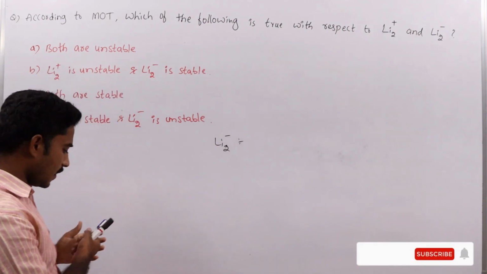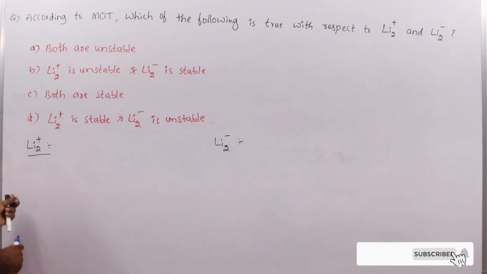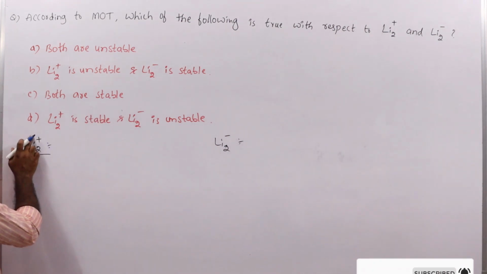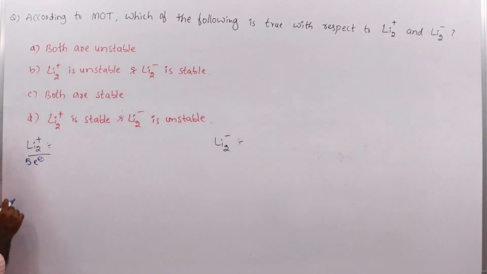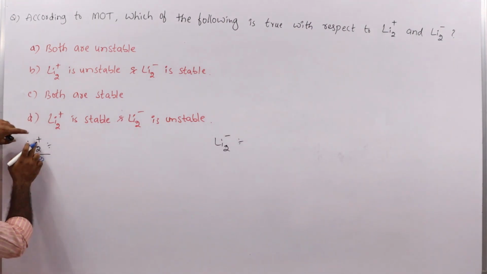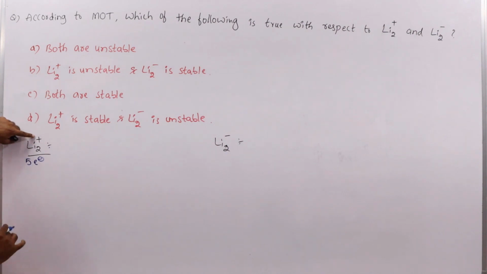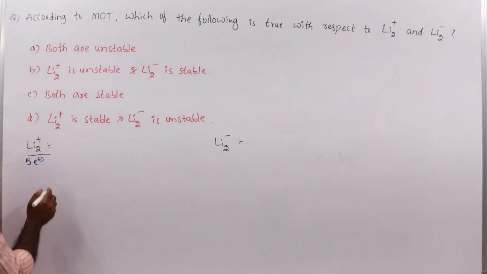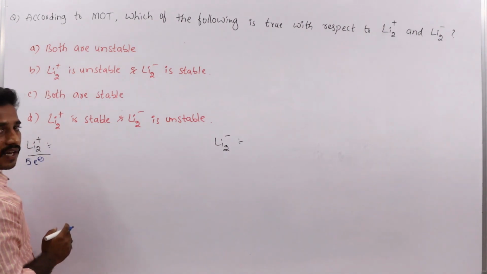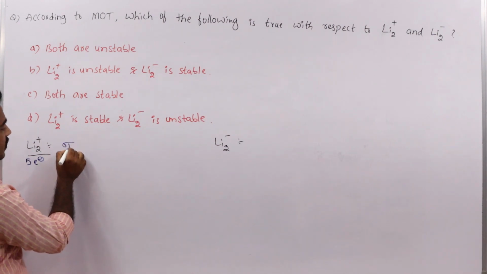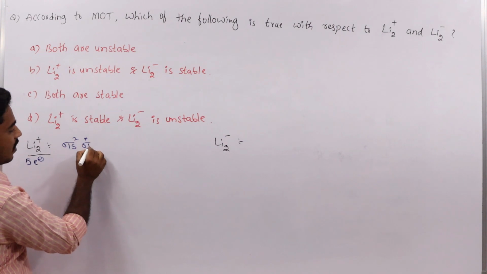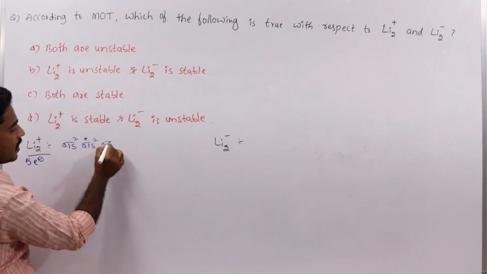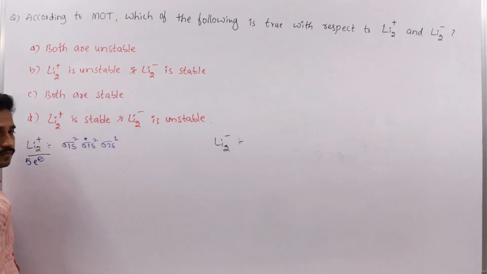Okay, let us see here. Li2 plus means how many electrons here? 5 electrons. Li2 means 6 electrons, positive charge is there, that's why loss of 1 electron, so 5 electrons. Write the molecular orbital electronic configuration: sigma 1s2, sigma star 1s2, then sigma 2s1. Totally 5 electrons.